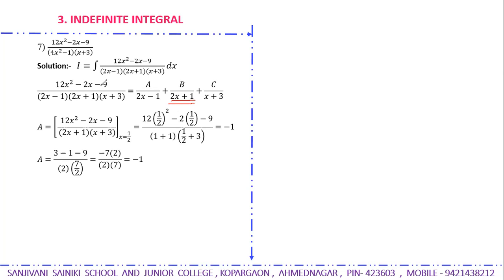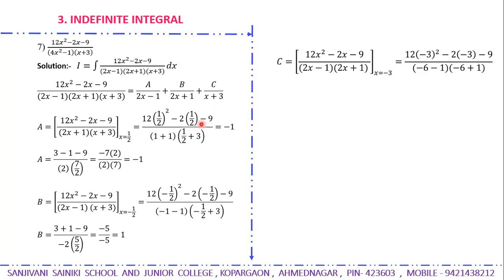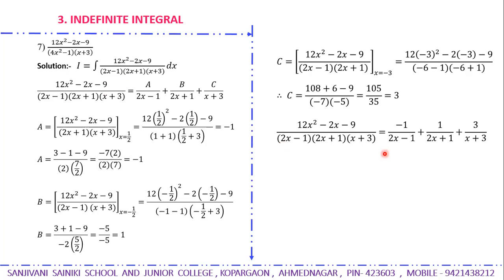So I will put x is equal to minus 1 upon 2 in this factor, so I will obtain the value of b. Similarly, to obtain the value of c, I will put x is equal to minus 3 in the remaining part. So we obtain the partial fraction as this.